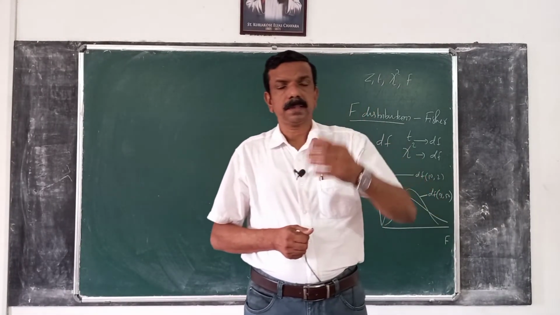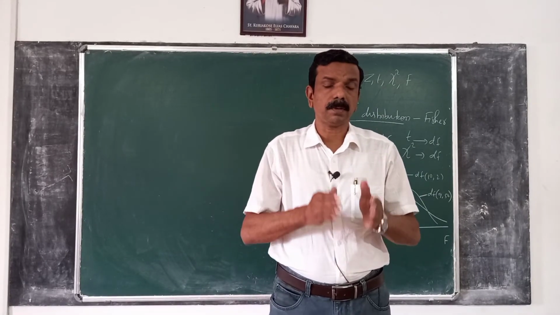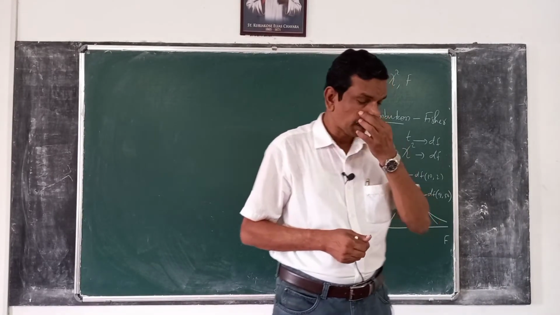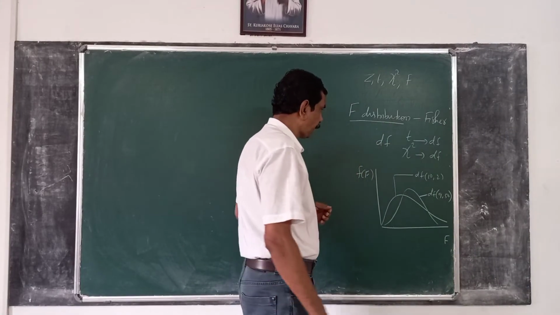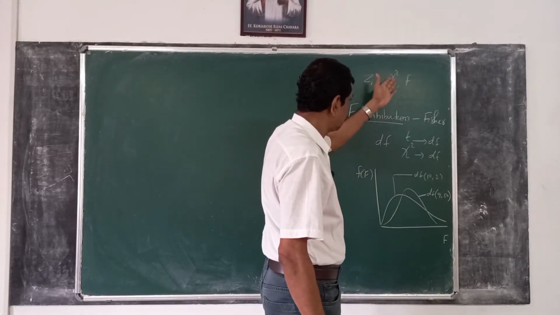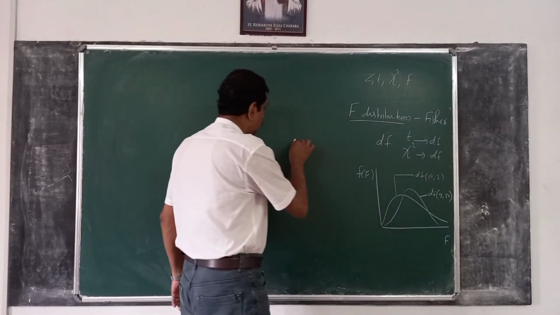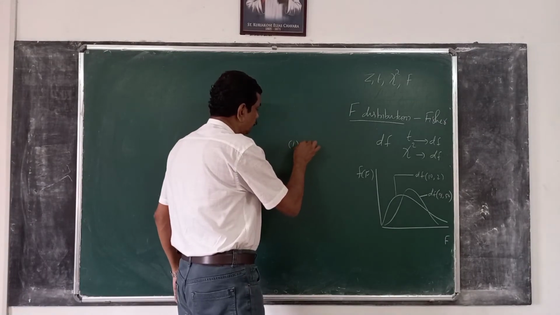Now let me say what the properties of the F distribution are. As in the case of Z, T, chi-square, etc., the total area under the F curve is 1.